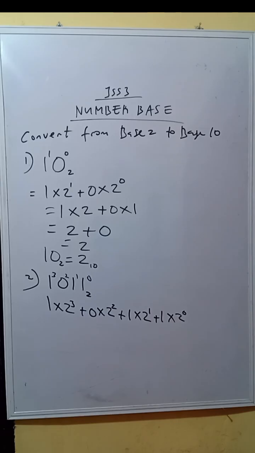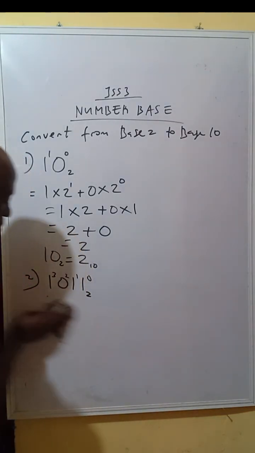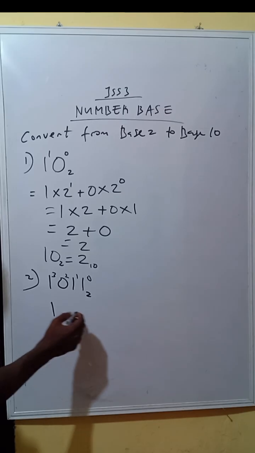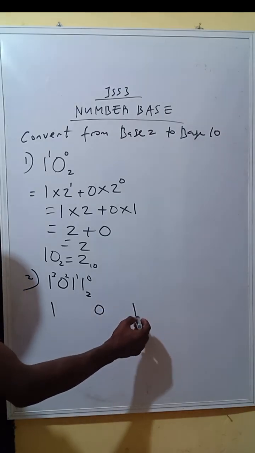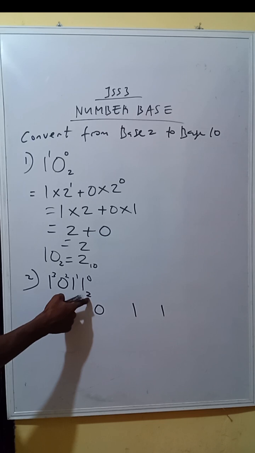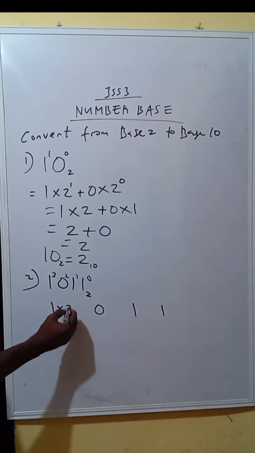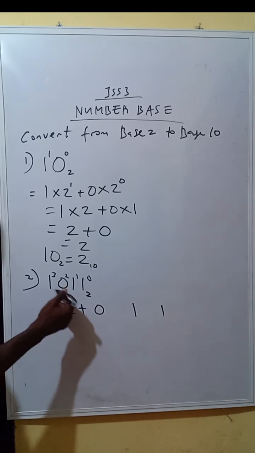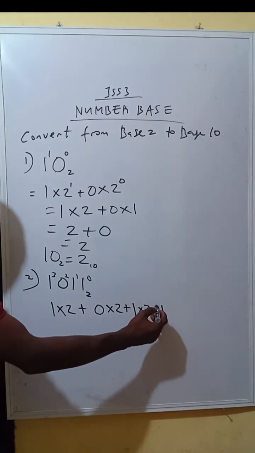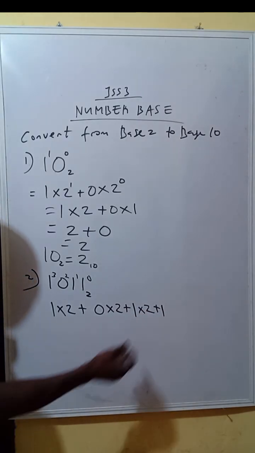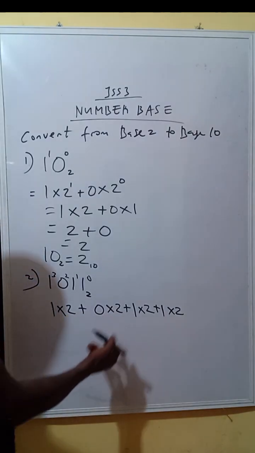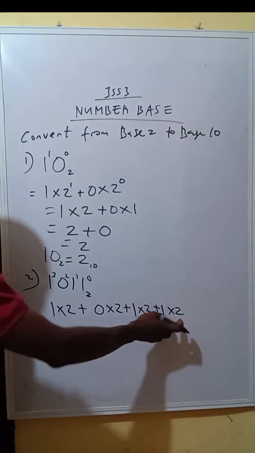Or, to make it easier, you can do this. You write each of these digits here: 1 0 1 1, times this base, times 2 plus, times 2 plus, times 2 plus, times 2. That's the last one. No need to write this plus because it's the last digit.